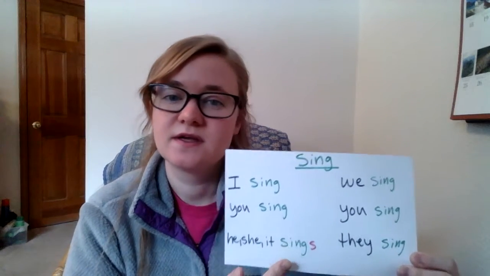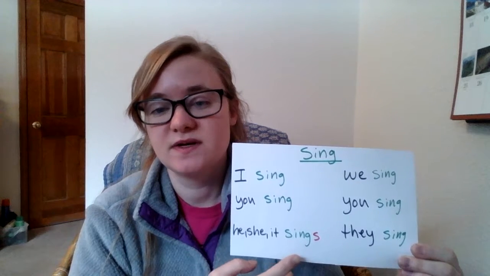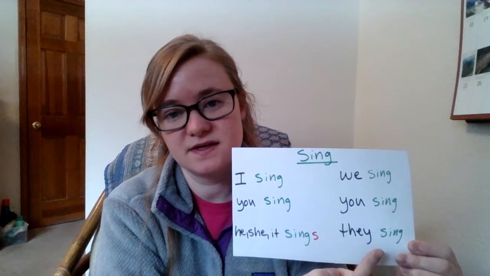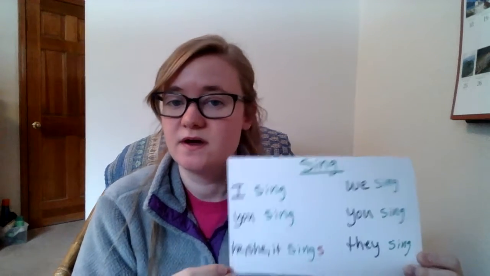Why did I add an S and not an ES here? Because it ends in G. Correct. Then we have we sing, you sing, and they sing. Good job. Are there any questions on this so far? No? Okay.